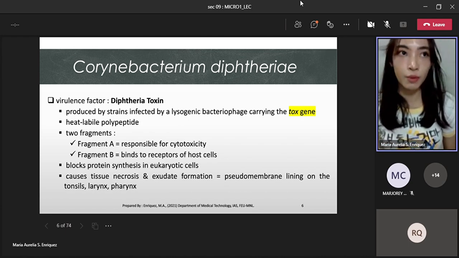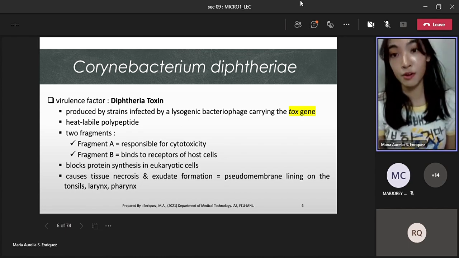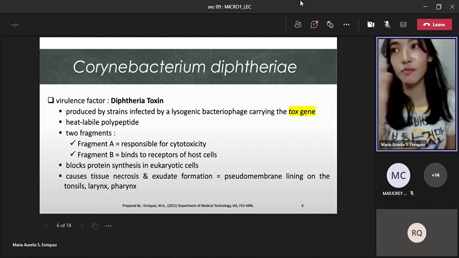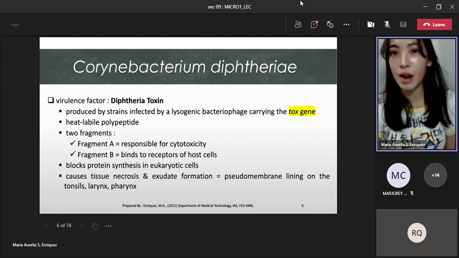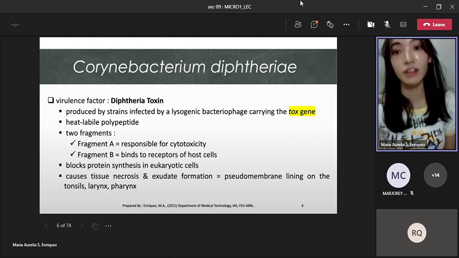Okay, so di ba po, na-discuss natin dati during the mechanisms of gene transfer. Some virulence factors may only be encoded by some bacteria if a bacteriophage infects them, and yung bacteriophage na to carries the gene sequence for that specific virulence factor.